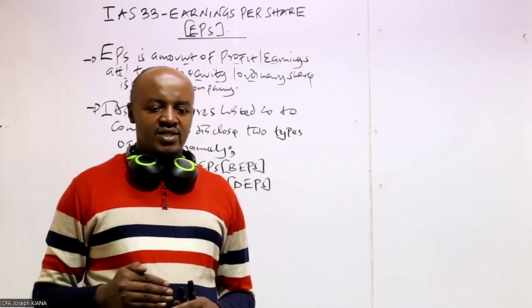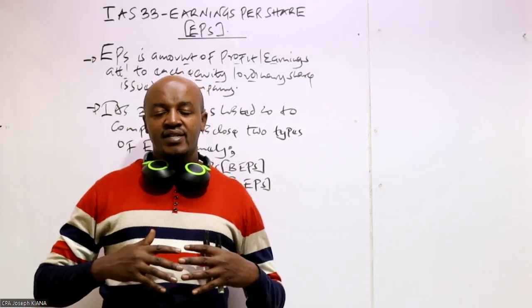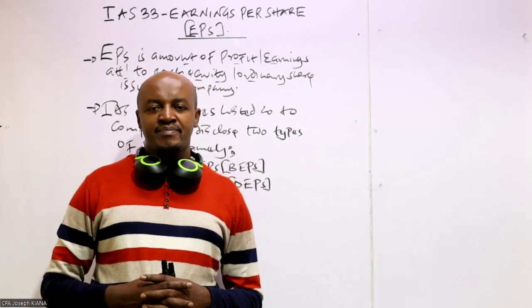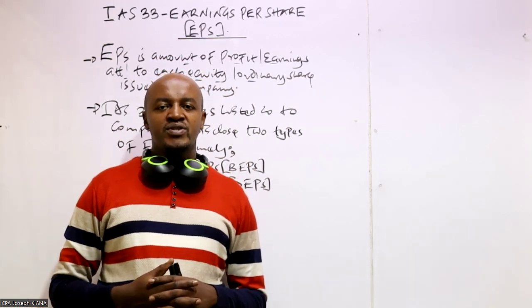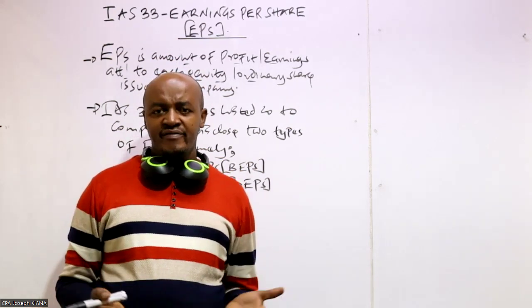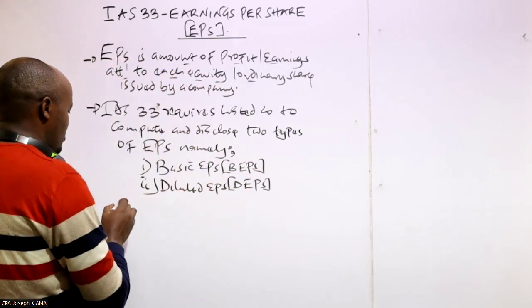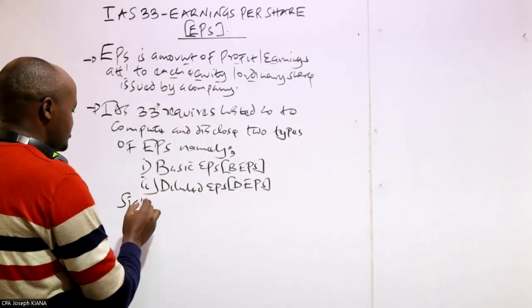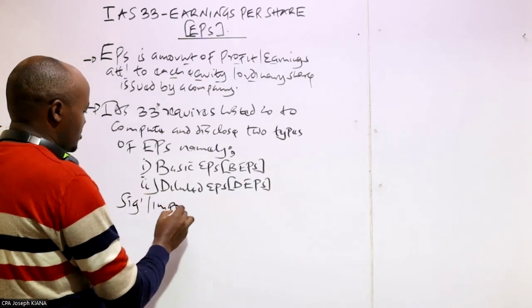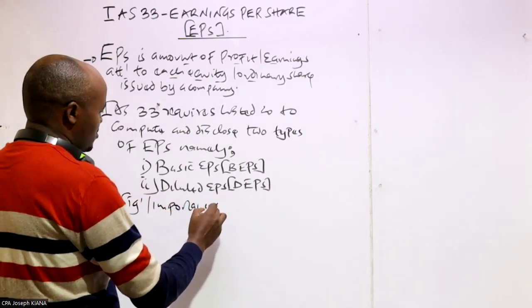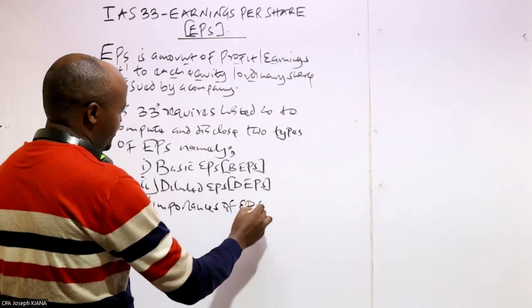This earnings per share is important to the shareholders of the company because they can use it in various ways. So let us look at some of the significance, or importance, of earnings per share.